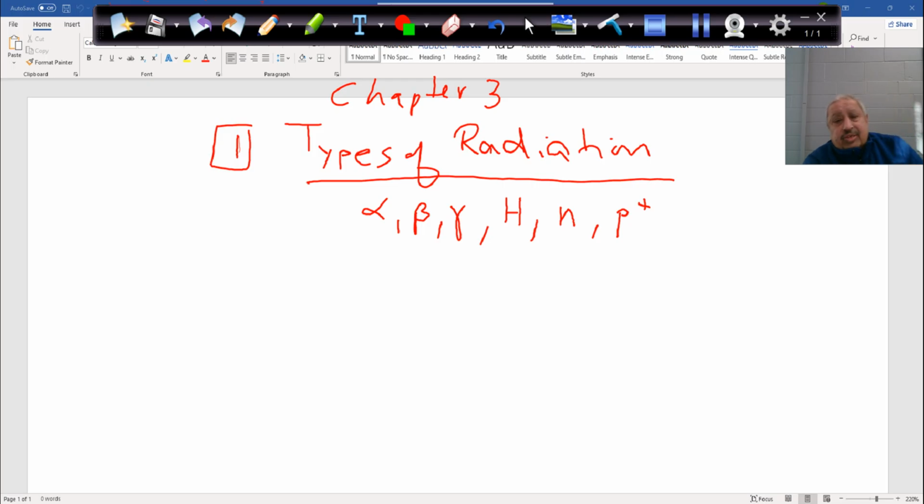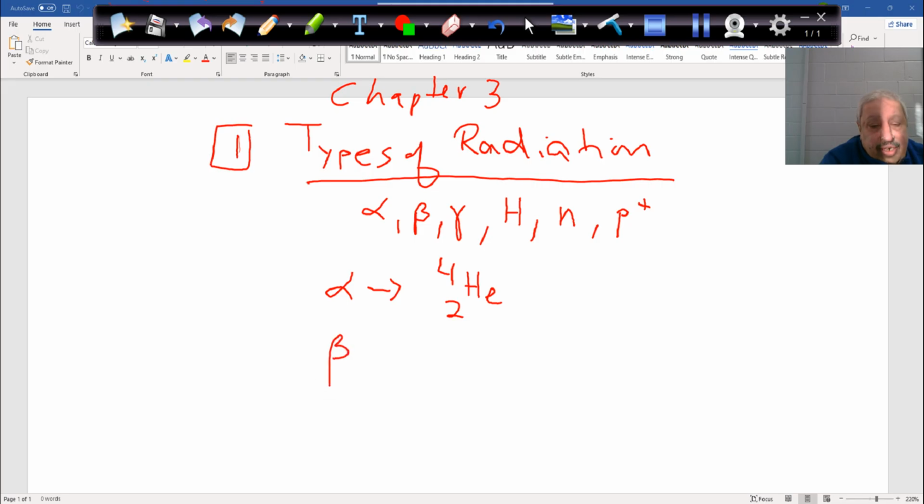And we have to know the atomic mass of each radiation and the atomic number, which is said to be, in nuclear chemistry, the charge. So if I say alpha here, alpha is nothing less than just a helium atom. Atomic mass is 4, atomic number is 2.